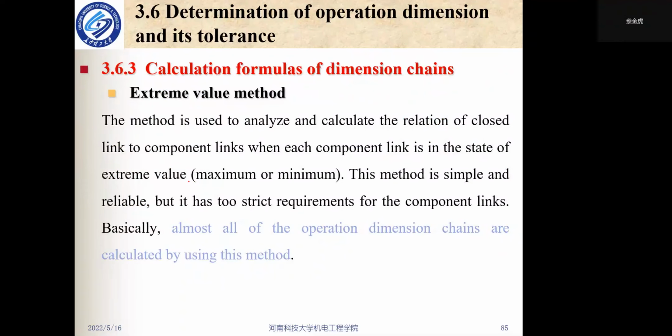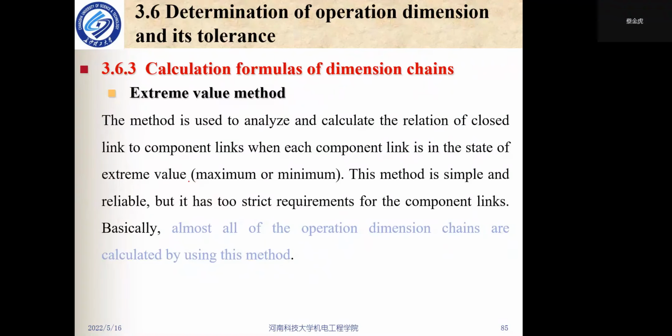How do we calculate the dimension chain? How do we draw the dimension chain? Before, we only showed the dimension chain, but how do we draw the dimension chain by ourselves, and how do we calculate the tolerance by ourselves?